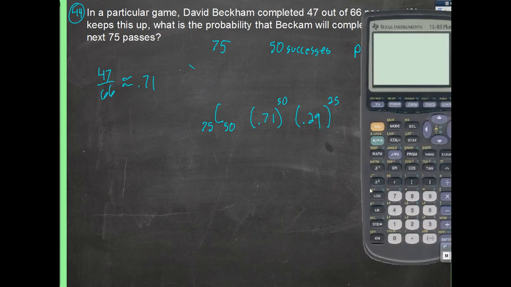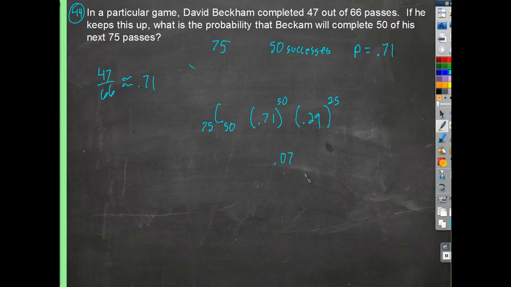I'll run that real quick. 75C50 times 0.71 to the 50th times 0.29 to the 25th. So the probability that he gets exactly 50 of his next 75 passes, based on the success rate he's had recently, is 0.07, so like a 7% chance that he'll complete 50 of the next 75.